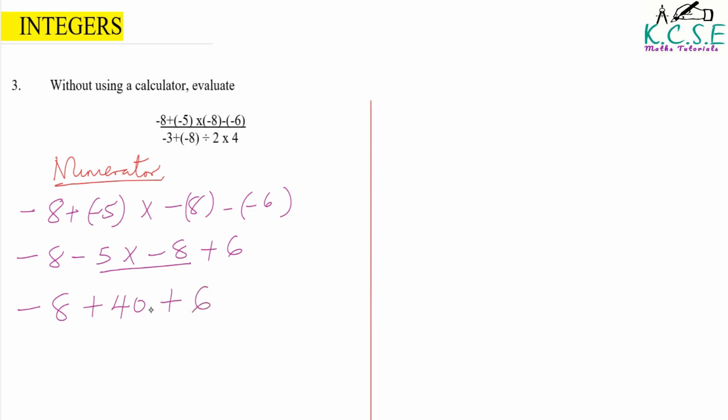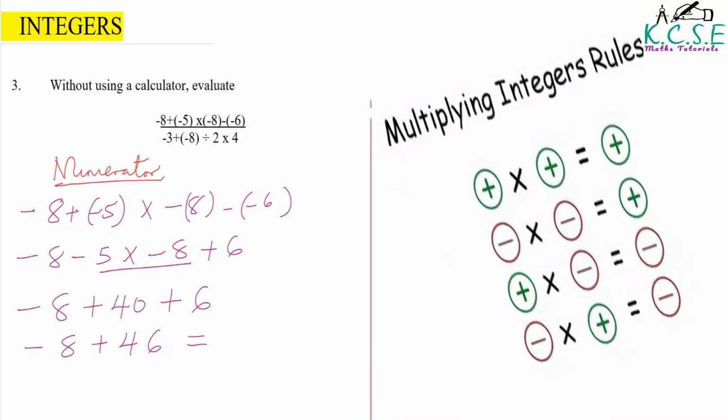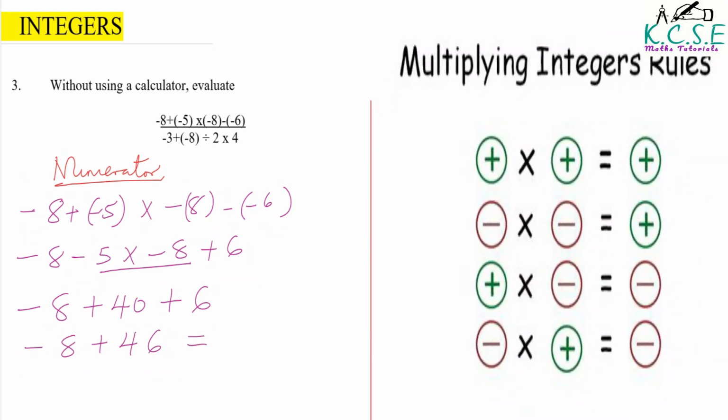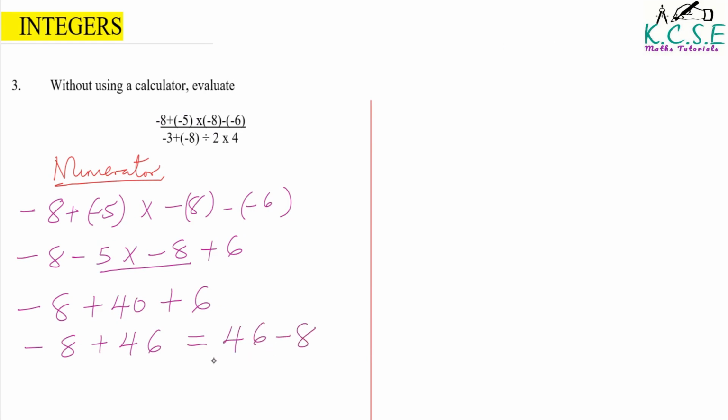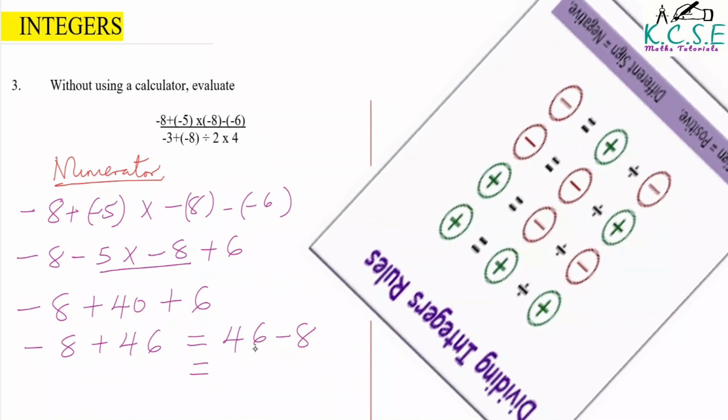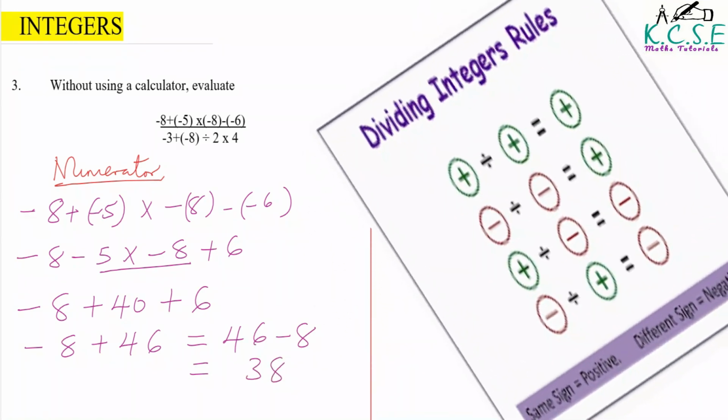Now we can add. This is a negative 8, 40 plus 6 is 46. And negative 8 plus 46 is the same as, you can also write this as 46 minus 8, which will give you positive 38.